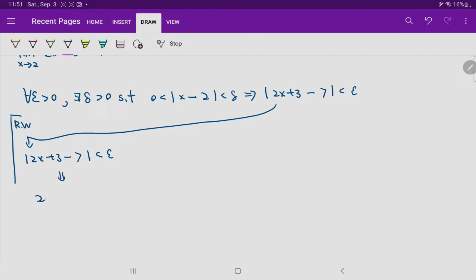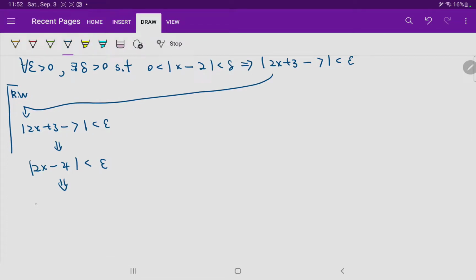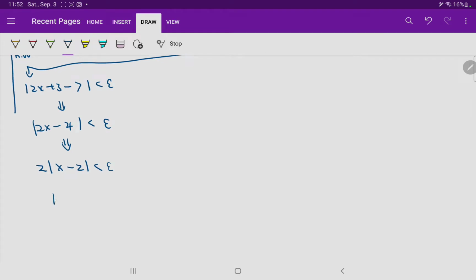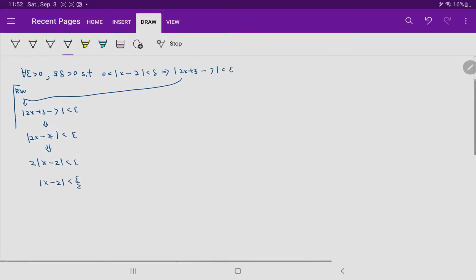This becomes 2x, and 3 minus 7 is negative 4, is smaller than epsilon. Then we can factor 2 out of it, so it becomes 2 times the absolute value of x minus 2 is smaller than epsilon. And then we can say that the absolute value of x minus 2 is smaller than epsilon over 2. And that will be it for our rough work.